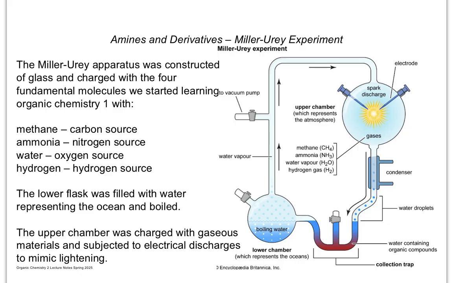So in essence, other than having a glass blower make that piece of apparatus, which is pretty complex, the thought is very simple. I'm going to take these four things, sort of mimic the conditions of prebiotic Earth and see what happens.